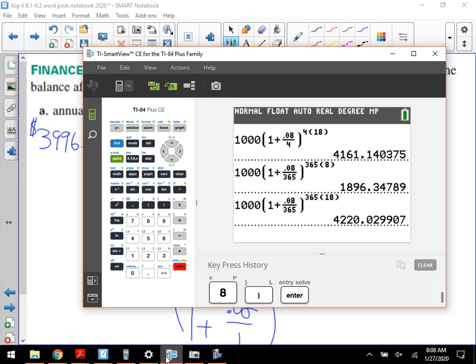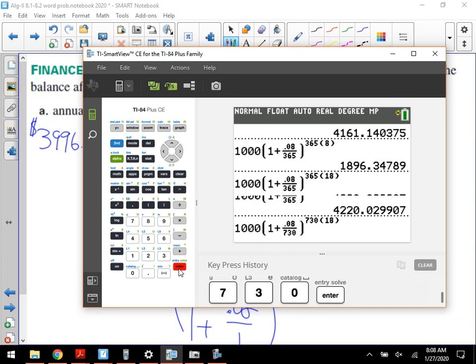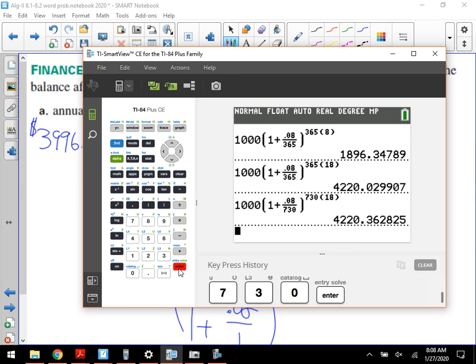So if we overwrite that again with 730... It's not that much of a difference, is it?